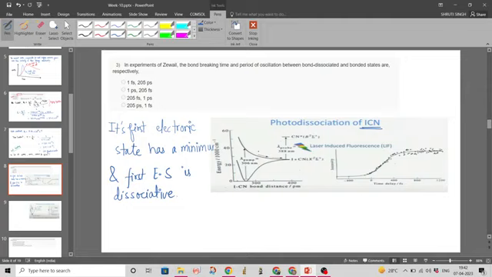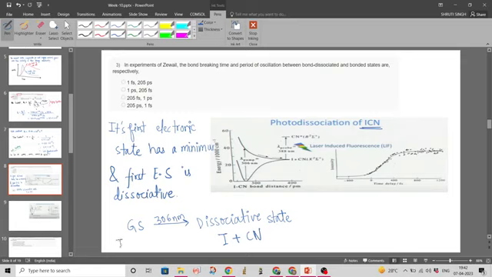So the ground state, with 306 nanometer, gives the dissociated state, and that dissociated state is I plus CN.